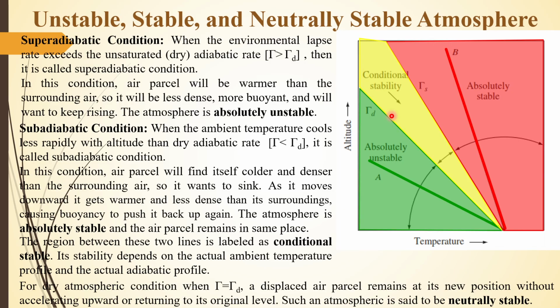For dry atmospheric condition, when environmental lapse rate is equal to dry adiabatic lapse rate, a displaced air parcel remains at its new position without accelerating upward or returning to its original level. Such an atmosphere is said to be neutrally stable.